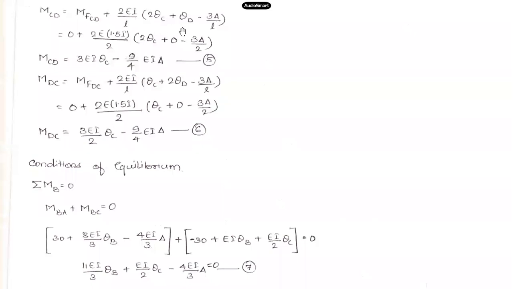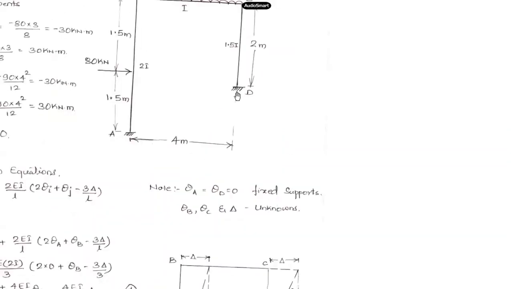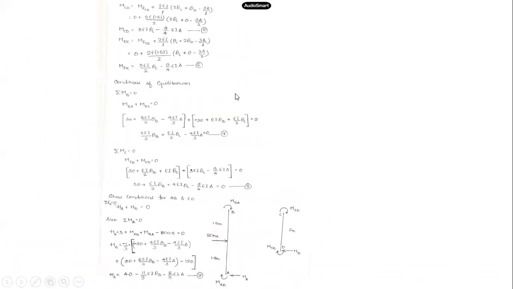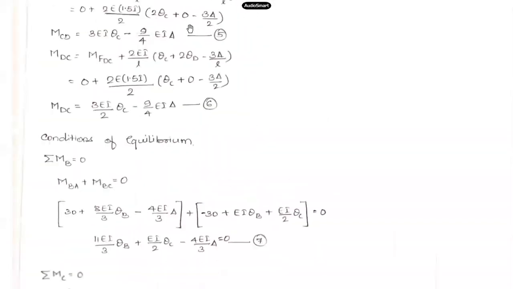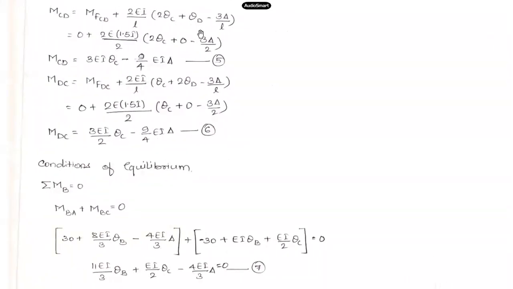Theta D: D is a fixed support, so theta D cannot be there. It is 0, as noted earlier also. And delta will exist.